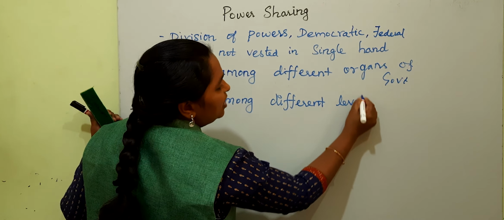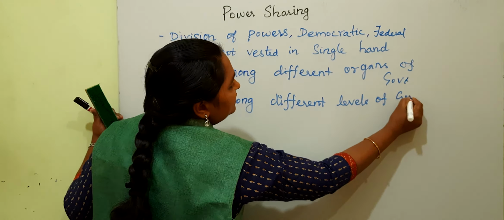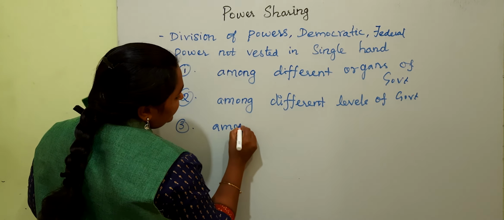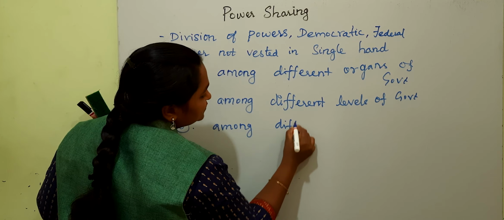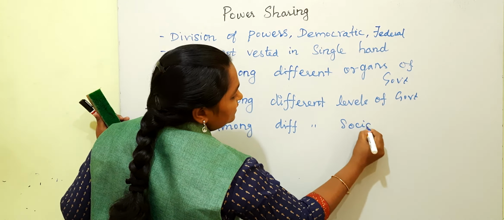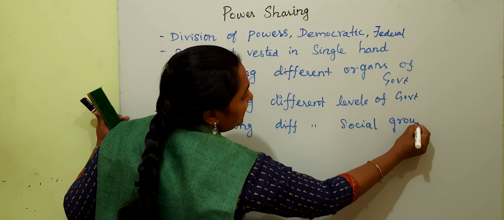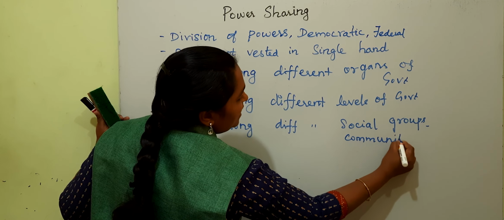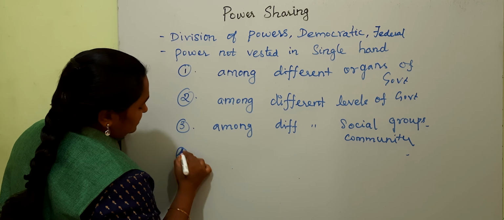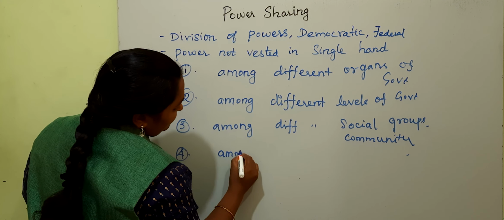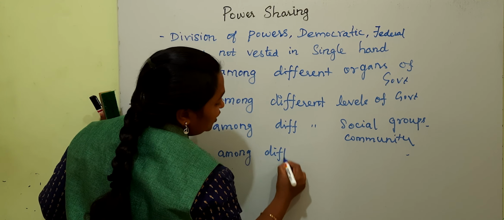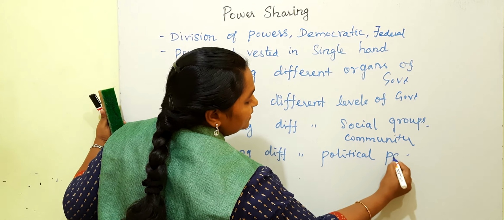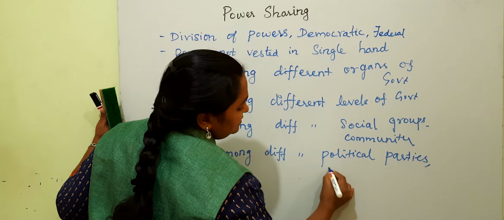Third, power shared among different social groups and communities. Fourth type is power shared among different political parties and pressure groups.